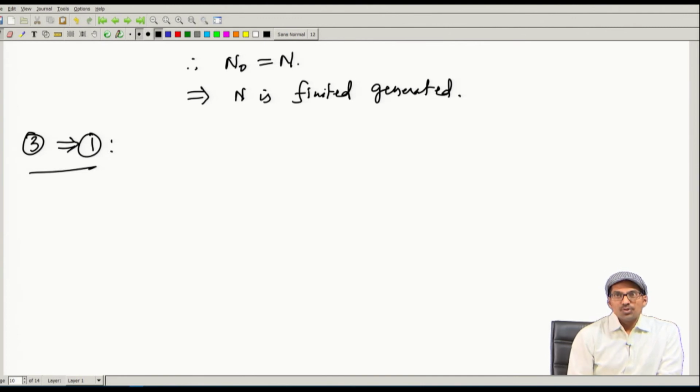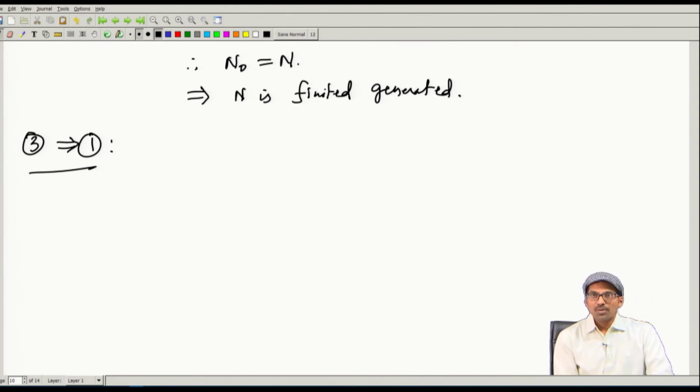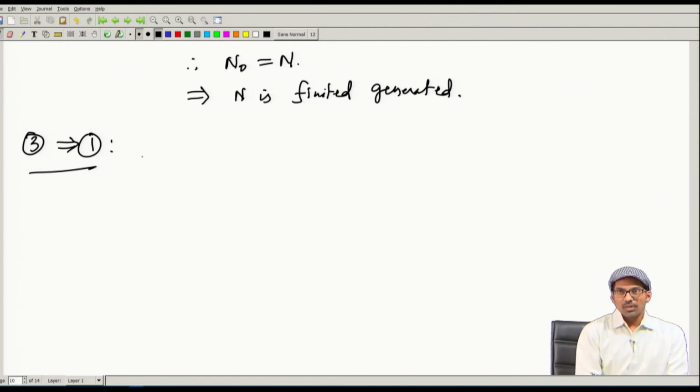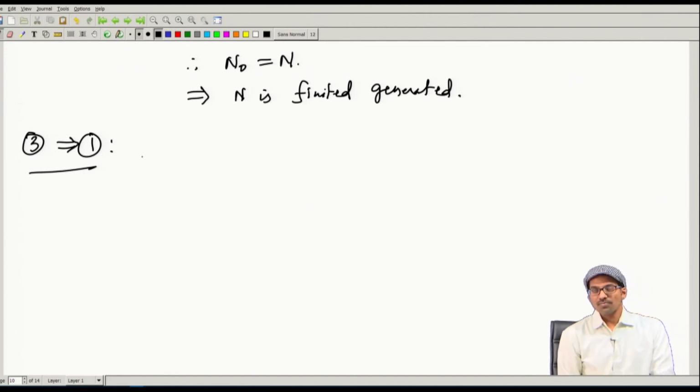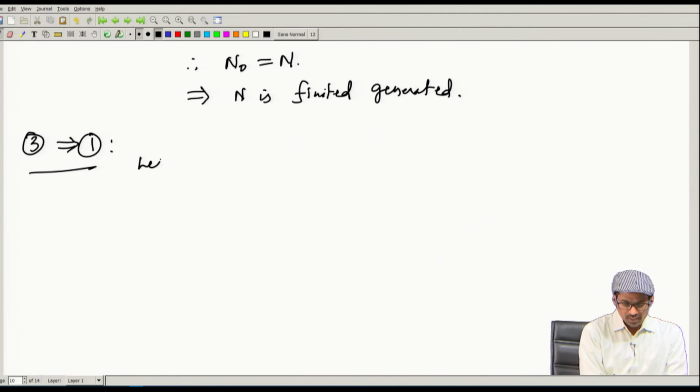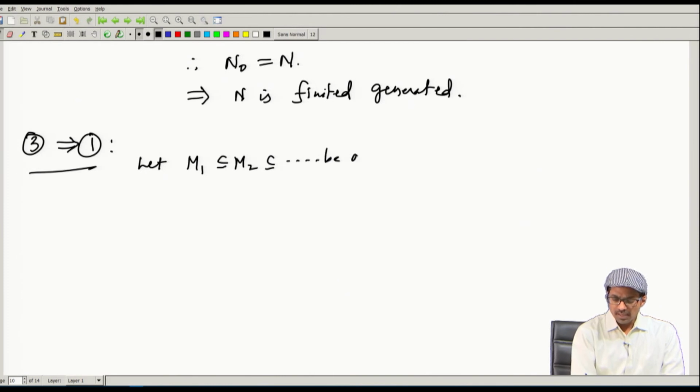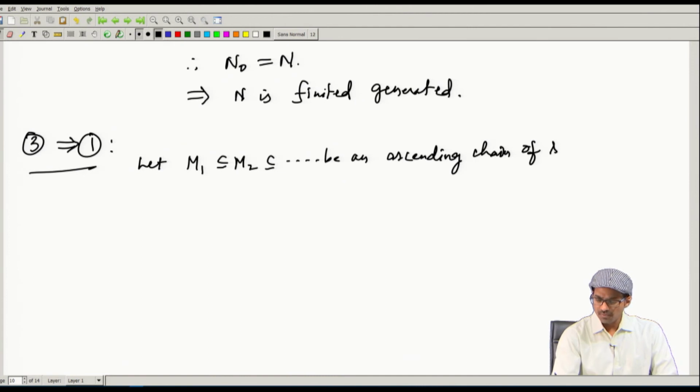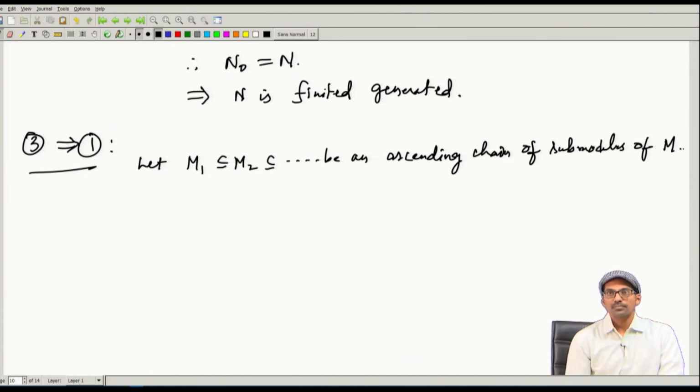So, now let us assume 3, that means that every submodule of M is finitely generated. Now, what we need to show? We need to show that the ascending chain condition holds for submodules of M. So, let me start with an ascending chain of submodules of M. Let M1 be contained in M2 contained in and so on, an ascending chain of submodules of M. Okay.